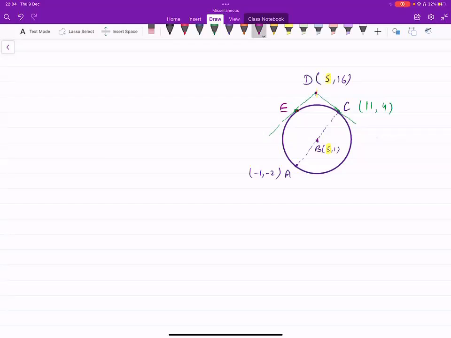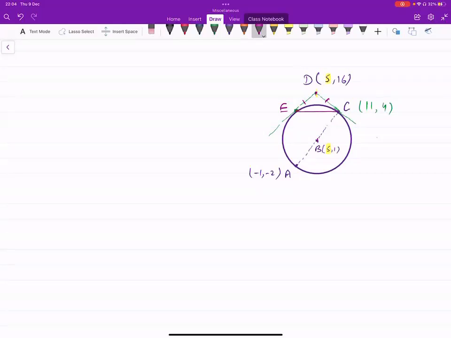Okay. Now, since the point D is directly above the center of the circle, we know that these lines are equal in length. What that means is E and C are going to be at the same horizontal level.